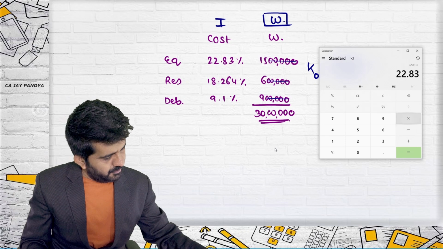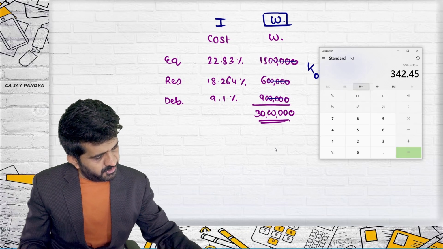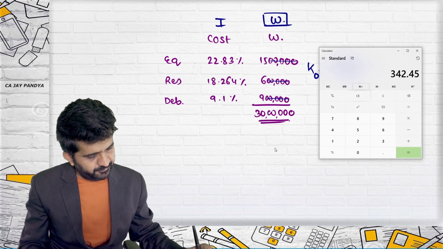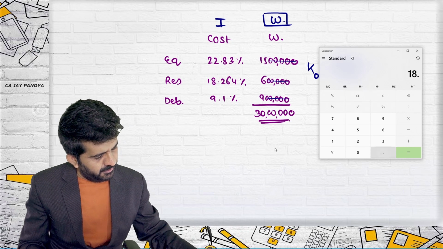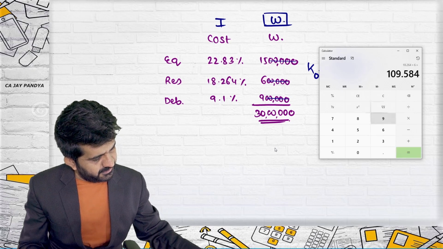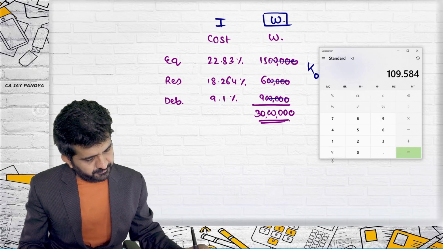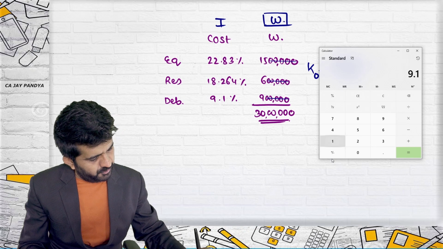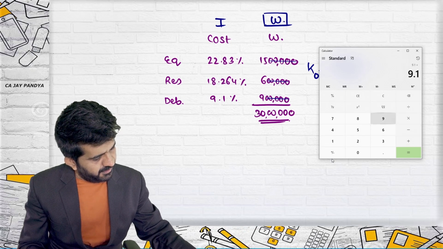22.83 multiplied by 15, plus 18.264 multiplied by 6, plus 9.1 multiplied by 9.